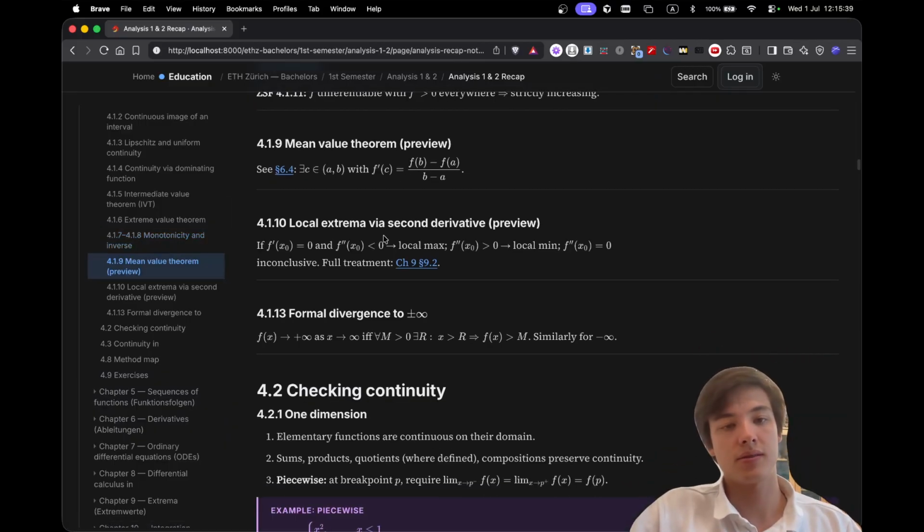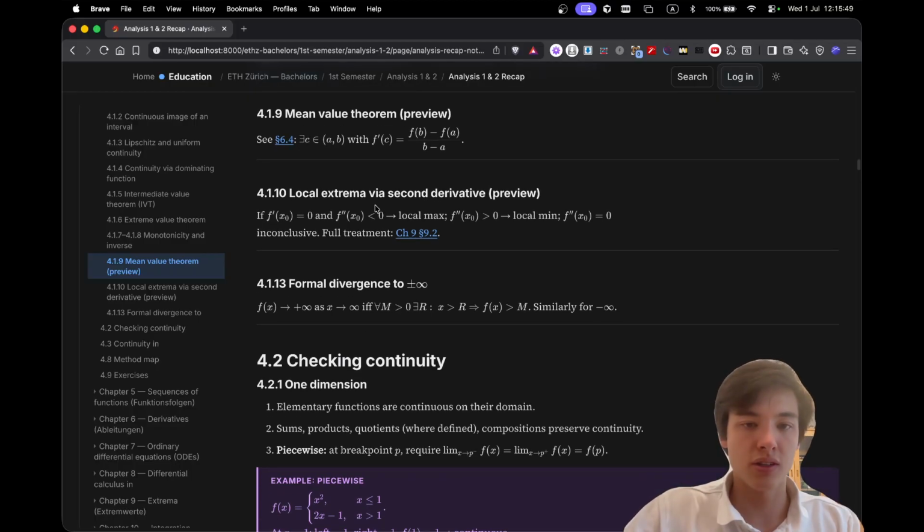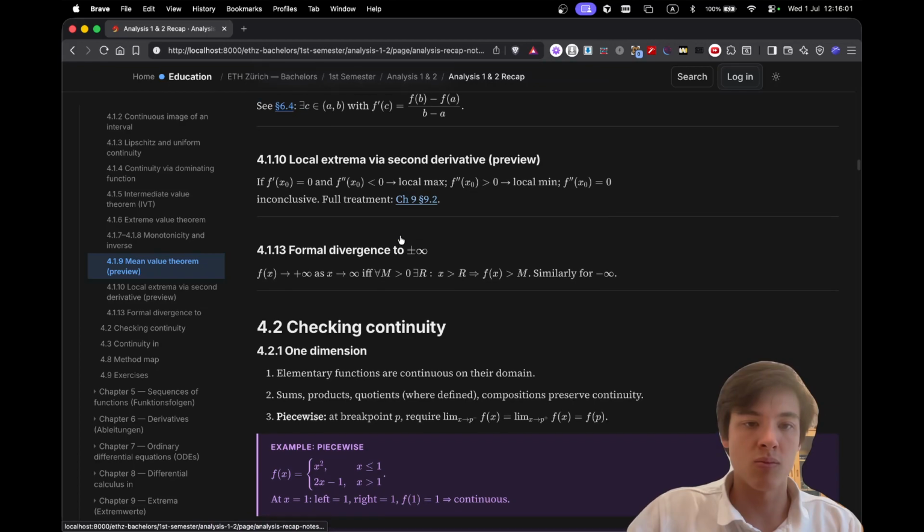It's this. Local extrema via second derivative. It's just determining if it's a local minimum or maximum. I think this is easy. Probably look at it more.